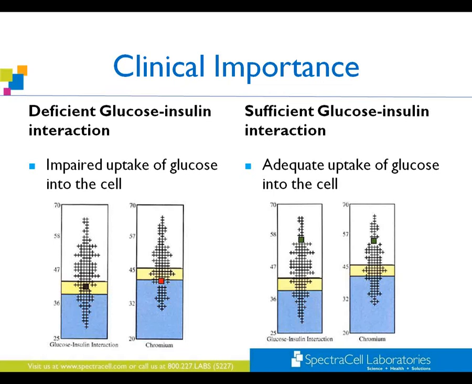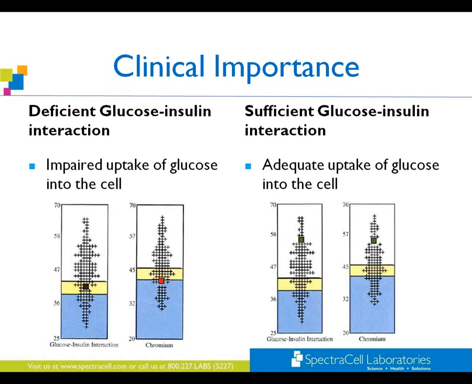And think about this in the diagram on the left side here. You note in this that the glucose-insulin interaction is marginally deficient, but it's still marginally deficient. So this patient has already begun to have impairment of their ability to uptake glucose into the cell through stimulation on the insulin receptor. Also note here that chromium is overtly deficient.